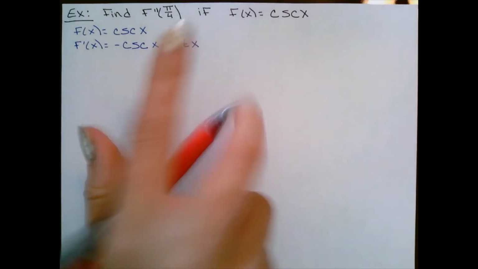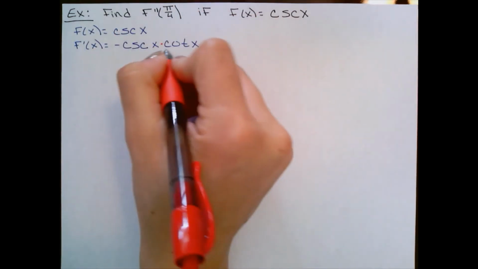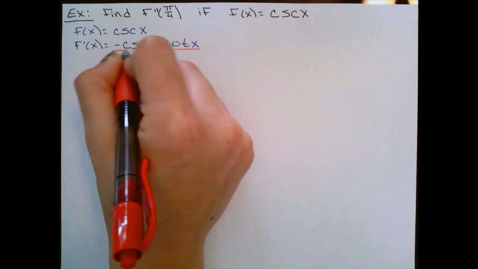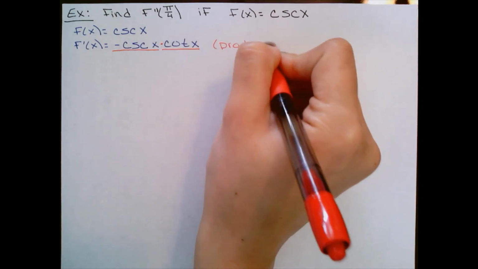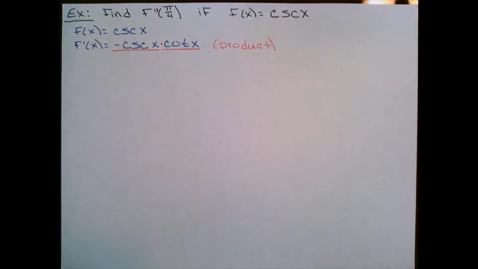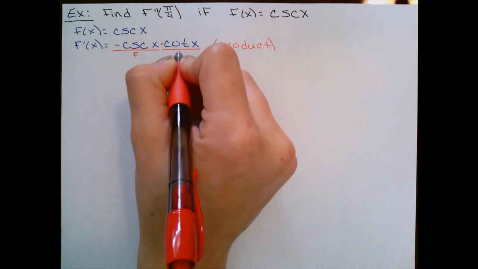Now for my next step, to do the derivative of negative cosecant of x times cotangent, okay, this is multiplication, I'm going to have to do product rule. Okay? So this is going to be my f, and this is going to be my g.